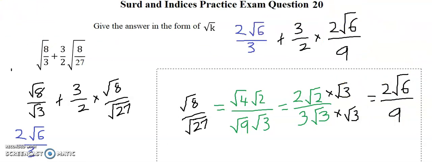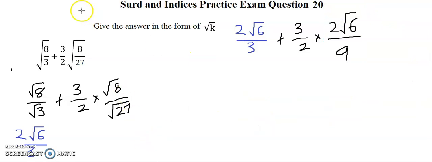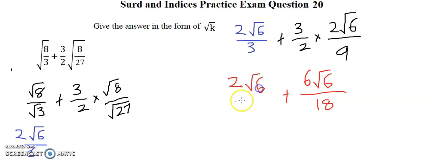So it's all about just working at it in parts. So now let's solve this. We can simplify this part by multiplying the numerators together and multiplying the denominators together. 3 times 2 is 6. So we've got 6 square root of 6. And 2 times 9 equals 18. And we're adding it to 2 square root of 6 over 3.